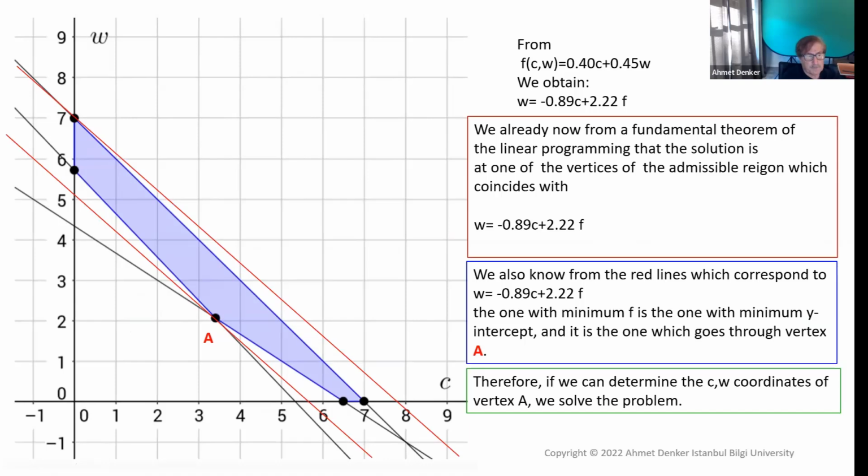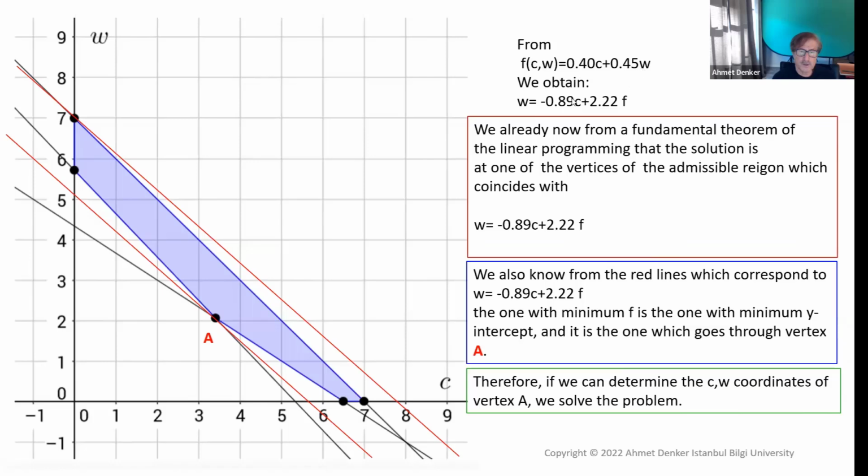But now, if I draw the lines of my objective function, and if I look at the lines which go through the vertices, this time I'm looking for the line with the minimum y-intercept, because this time I am looking for the solution which is going to minimize. This is the equation function that I want to minimize.